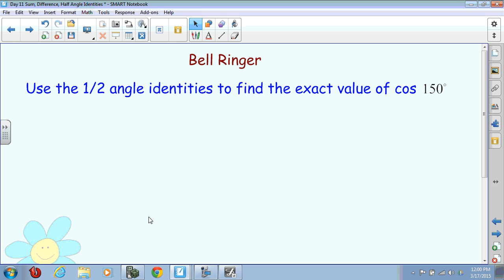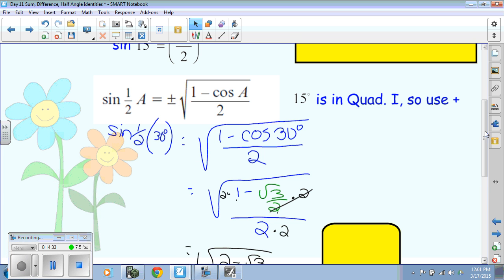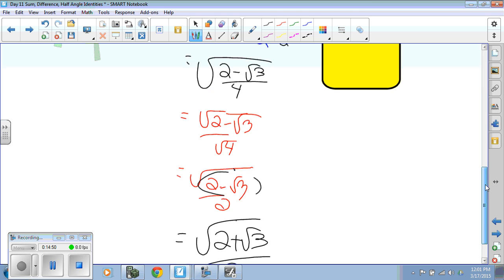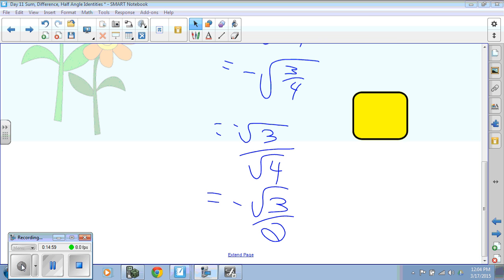So why don't you try this one? Use the half angle identities to find the exact value of cosine 150. But what should we do to make sure that we're right?